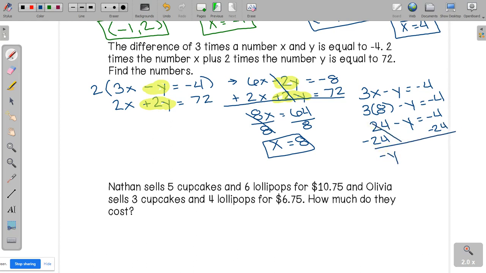We get negative y equals negative 28. And then divide both sides by negative 1, so y equals positive 28. So our two numbers, our x and our y, are 8 and 28.